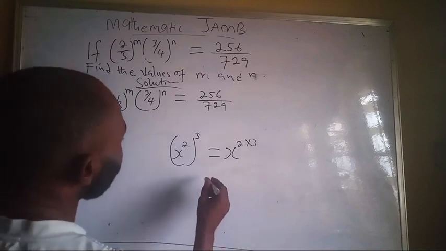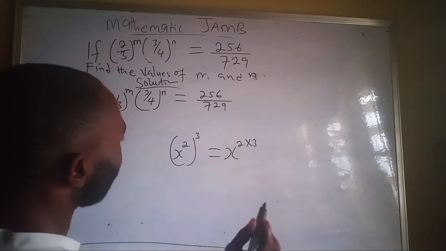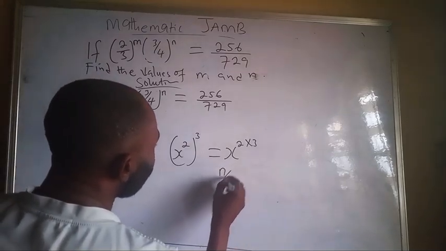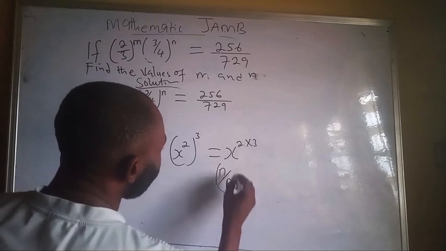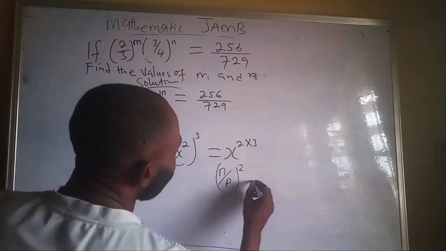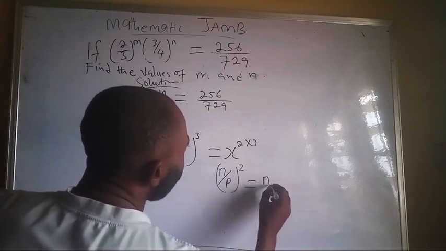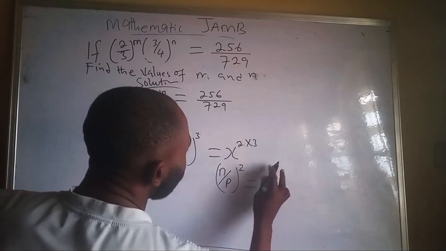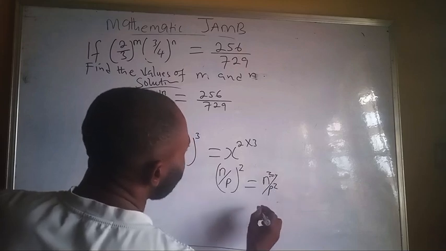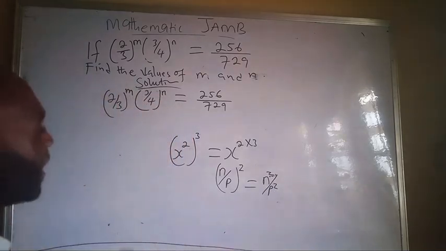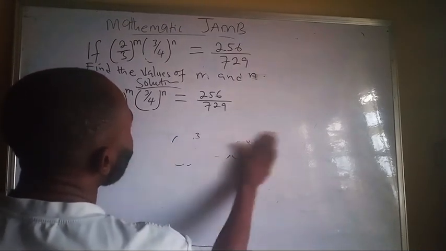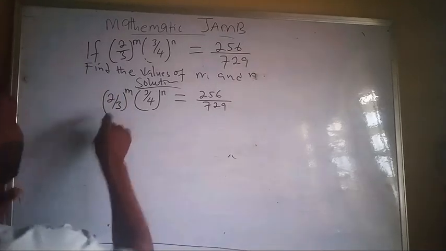And again, you also apply the law of indices, which states that (n/p)^z is the same thing as n^z/p^z. So everything inside is going to be affected by the power. We are going to apply the same law here.